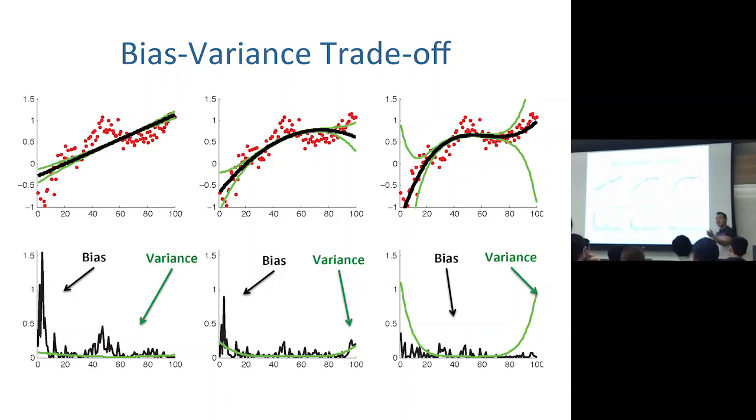Because in the limit of infinite training data, variance goes to 0, for all model classes. And so if the green lines were not there, then in the limit of infinite data, the cubic model class has the lowest bias, which means that if we had enough data, there's no reason not to use the cubic model class.